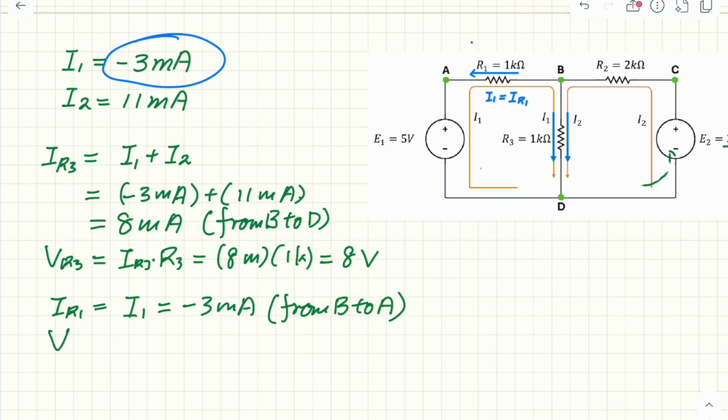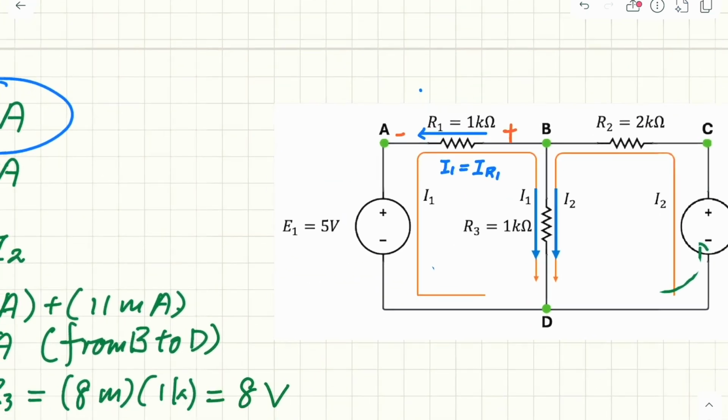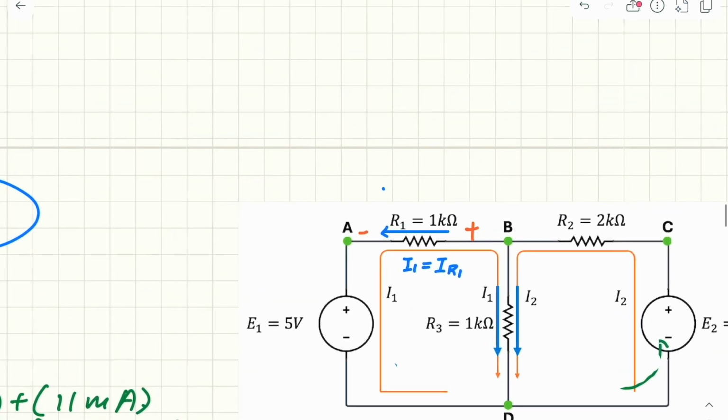The voltage across R1 is IR1 times R1. Now we focus on the potential difference first. So the absolute value is 3M and R1 is 1K. So we got 3 volt. But remember, the voltage at B is higher than the voltage at A. Therefore, the current flows from B to A, and the potential difference is 3 volt.